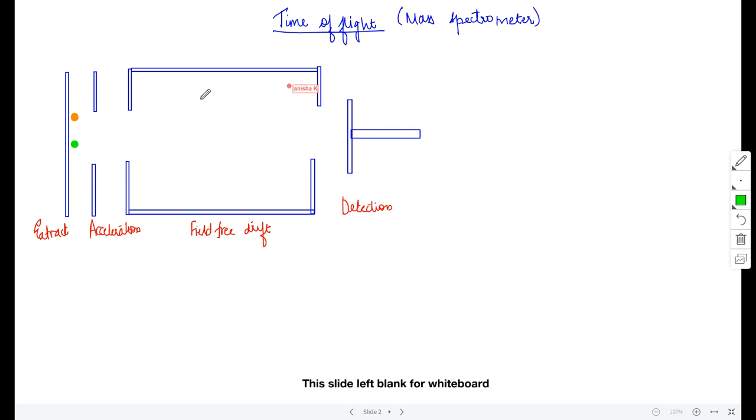First thing we are going to observe here is the electrospray ionization. Now the sample is dissolved in a volatile solvent. This sample which we are talking about is dissolved in a volatile solvent.